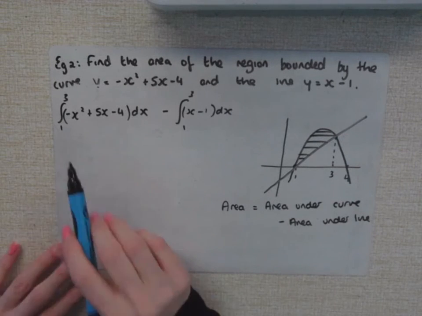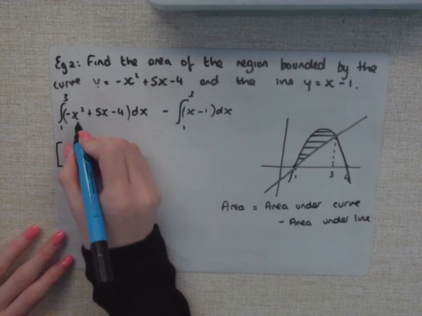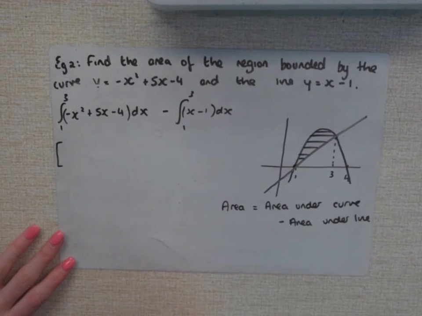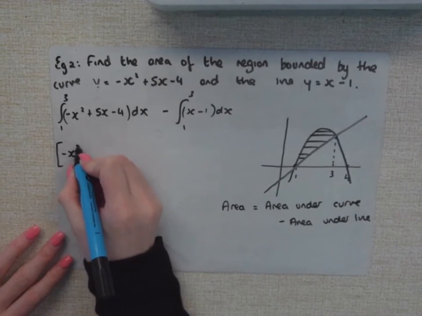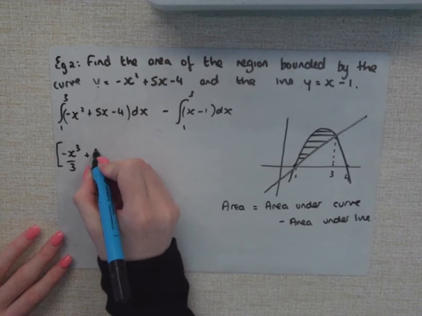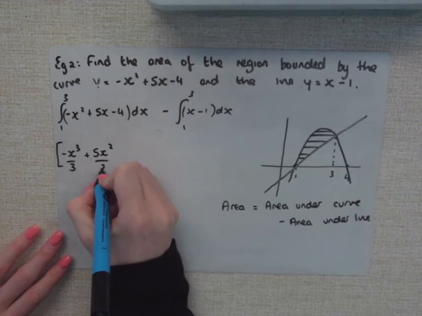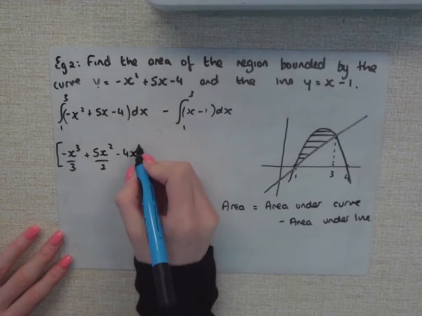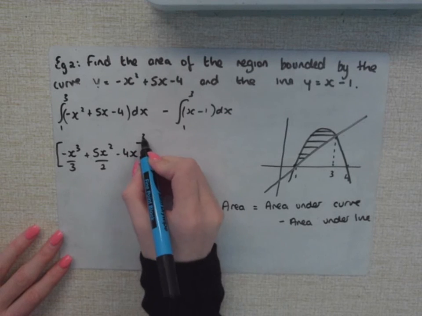Okay, so let's integrate. Minus x squared is going to be minus x cubed over 3, plus 5x squared over 2, minus 4x. You okay with that?